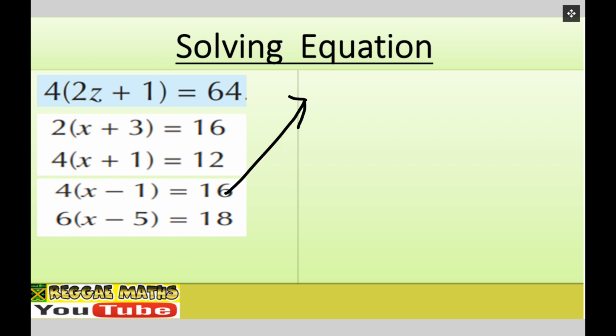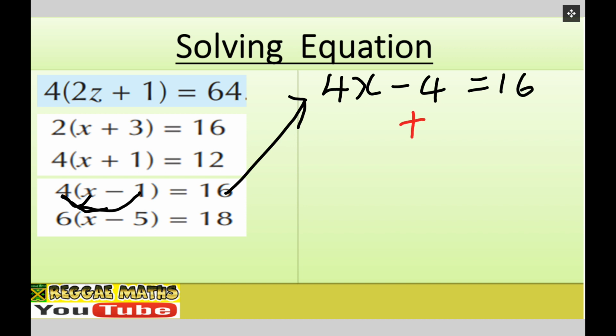This one now, you have 4 times x is 4x. 4 times minus 1 is minus 4, equals 16. So balancing again, add 4 to both sides.